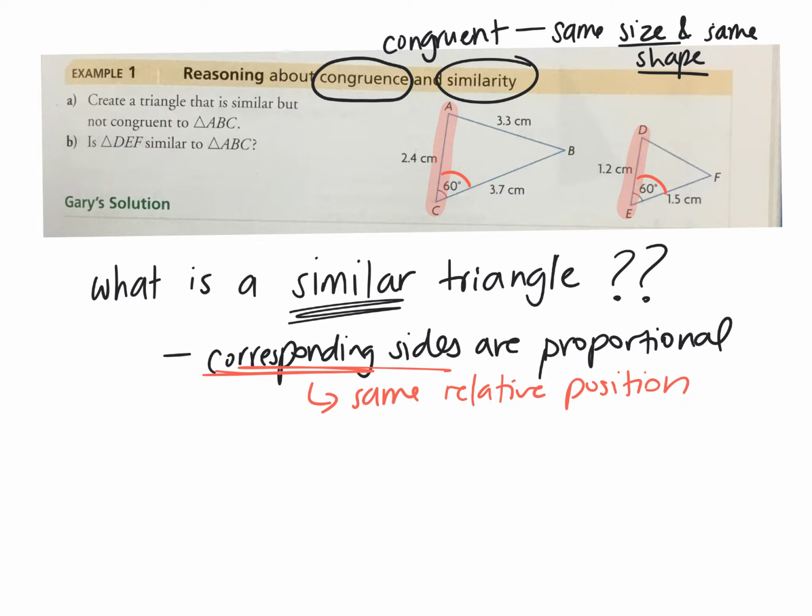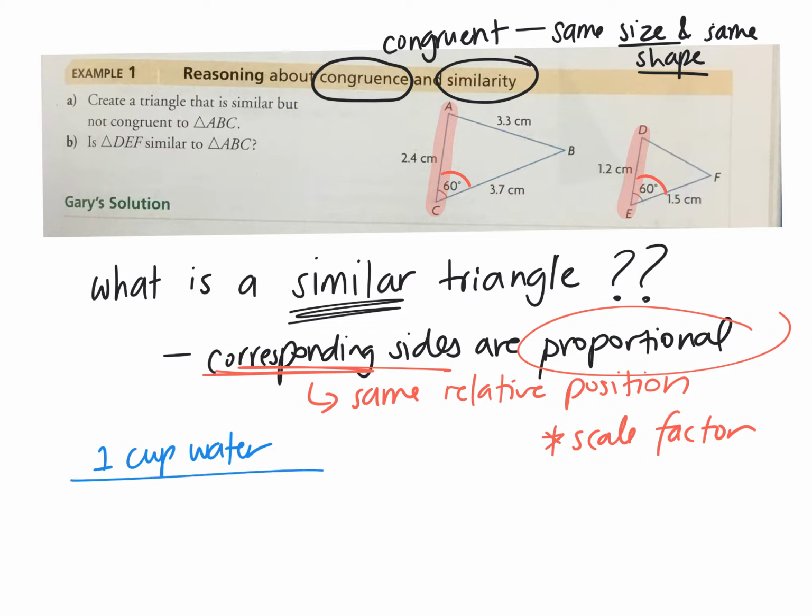And how can you tell if they are proportional? What does proportional mean? One thing that you can look at is the scale factor, and they talked about that in the textbook as well, right? My example with rice here: 1 cup of water for every 2 cups of rice.